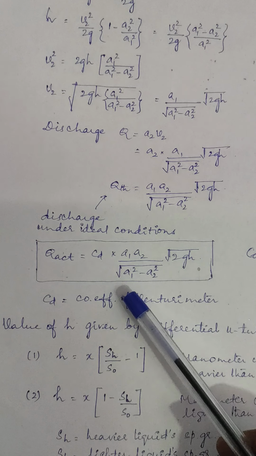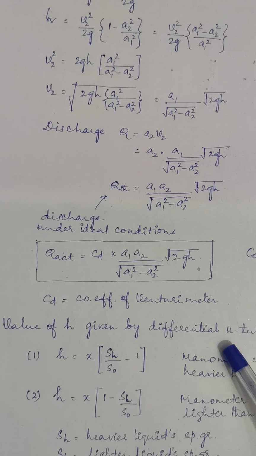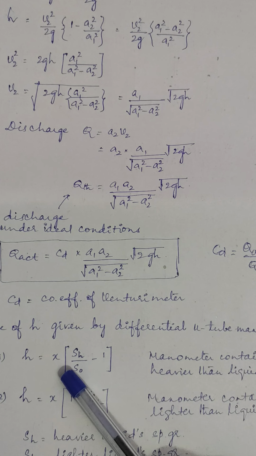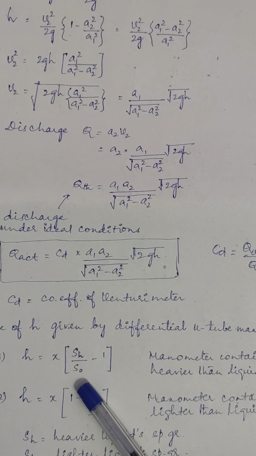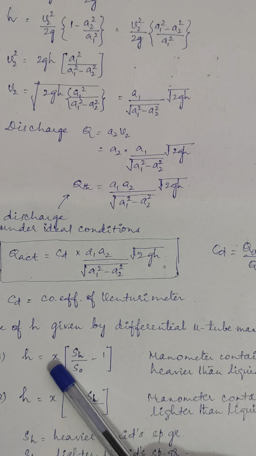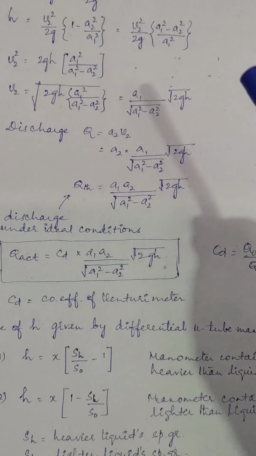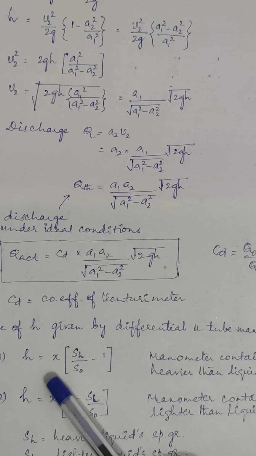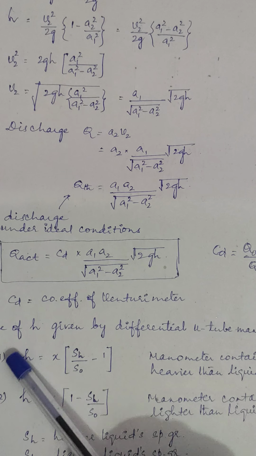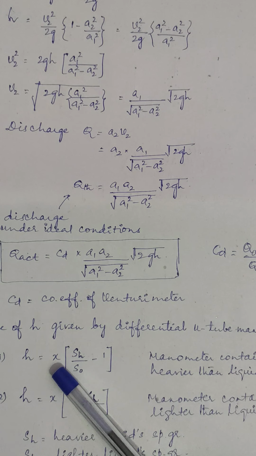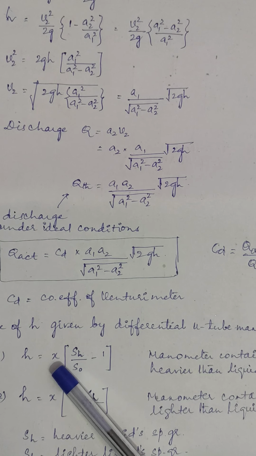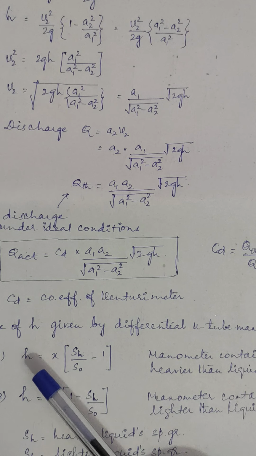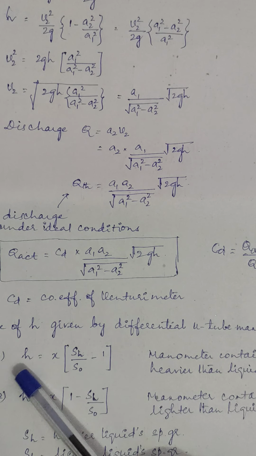The value of this H is given by the differential U-tube manometer. H is equal to X into SH by S0 minus 1, where X is the difference in the mercury levels in the manometer. We use this conversion because X is measured in terms of mercury, but I want my pressure head in terms of water.